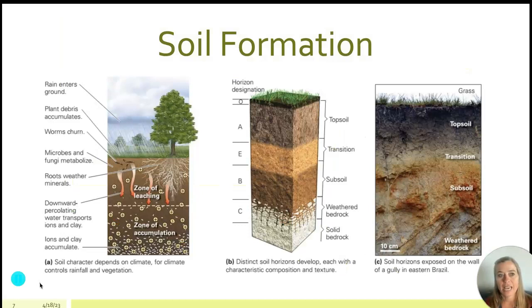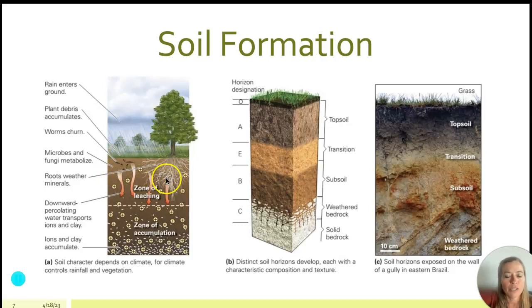As you can see to the left, you've got an illustration that talks about soil's character depending on climate. So for instance, you can see here you've got precipitation, you can have infiltration, you have a plant accumulation of debris, worms, biotic factors are going to be churning here. You've got microbes that are going to be doing nutrient cycling.